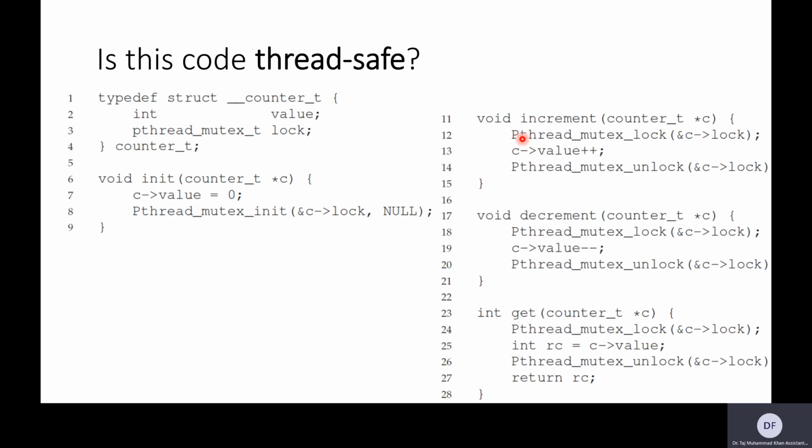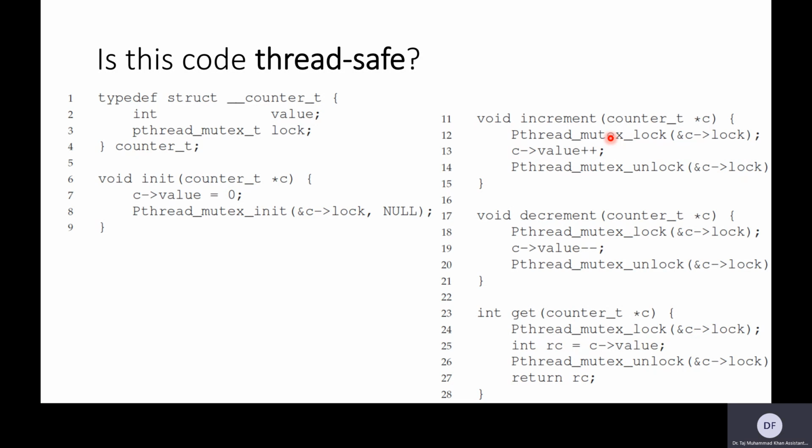So this pthread_mutex_lock function, which is trying to acquire the lock, will return for only one of the threads trying to acquire this lock simultaneously, the one that succeeds. For all others, this lock function will block and will not return until they have acquired the lock.